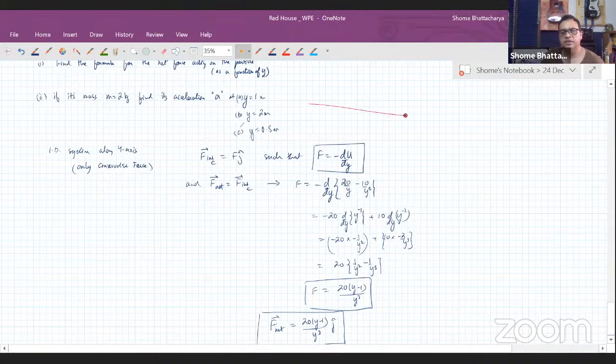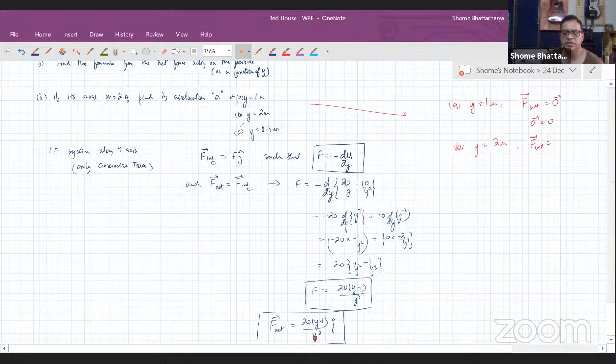Okay, so now you can see that at y equal to 1 meter, the net force on it is 0, so the acceleration will be 0. At y equal to 2 meters, you can see the net force acting on it. Just have to use this formula. So this will become how much? 20 upon 2 cube.